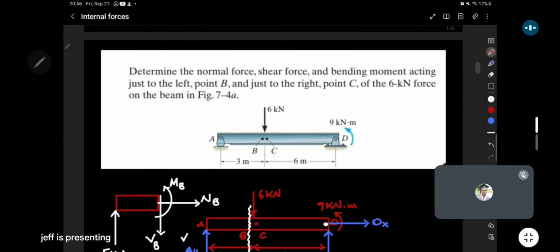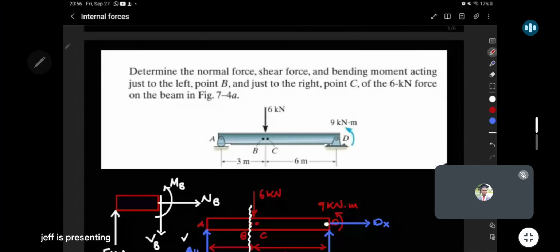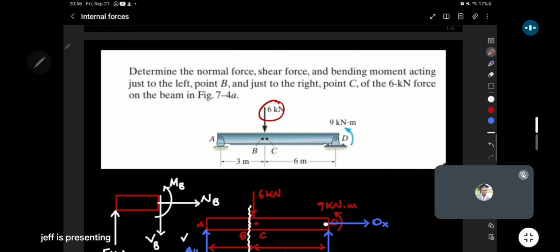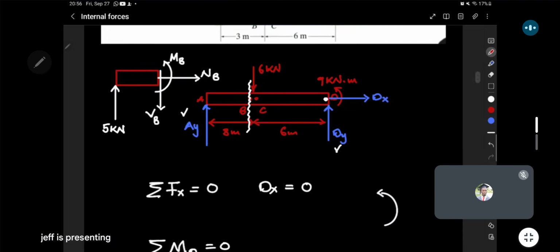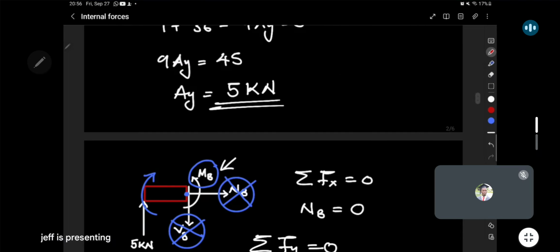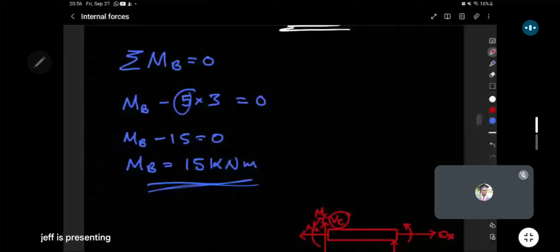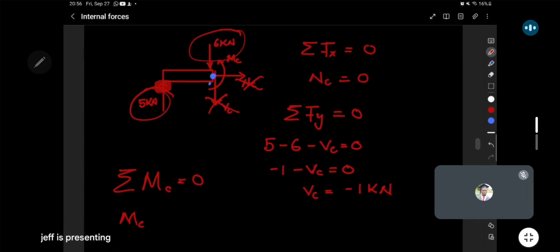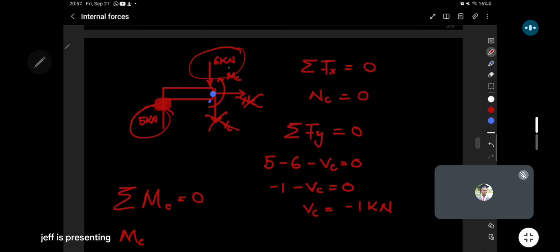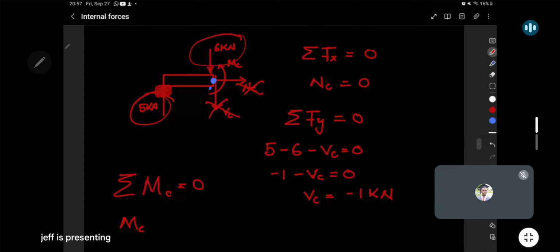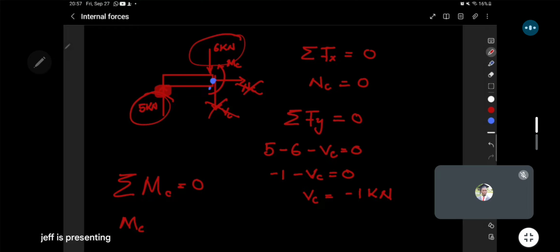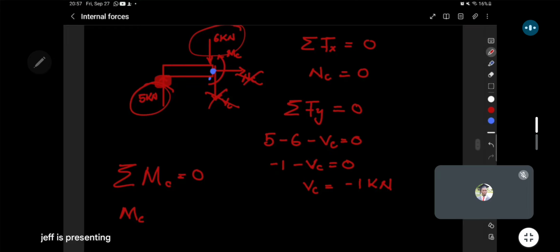Here the assumption is that B and C are literally right on that 3-meter mark from point A. So this 6 kilo is basically passing right at point C as well, and because of that, the distance from C to the 6 kilonewton is going to be 0. So we can assume it's passing through point C, so it's not going to cause a rotation about C, leaving us only with the 5 kilo here.